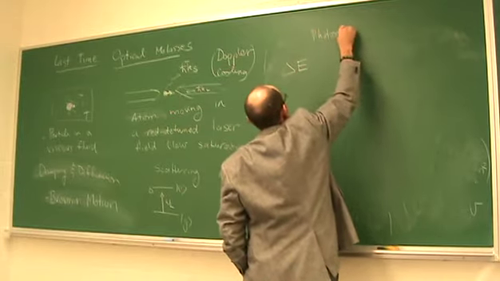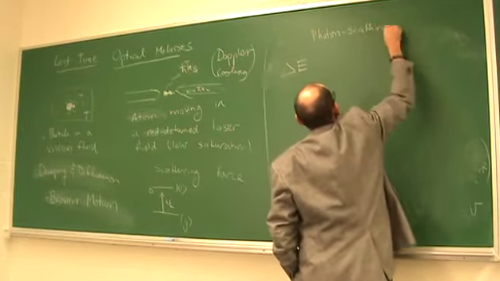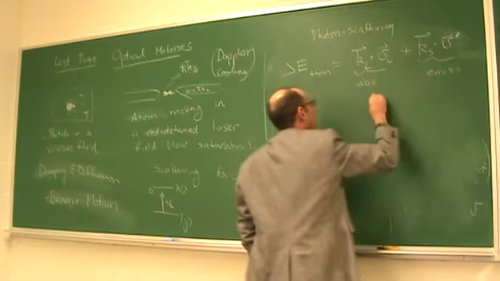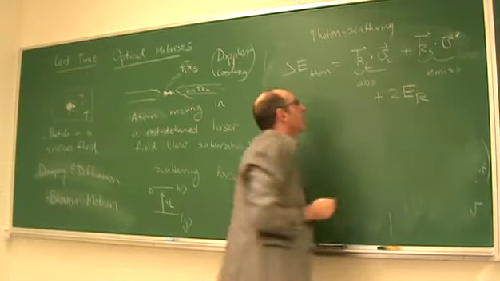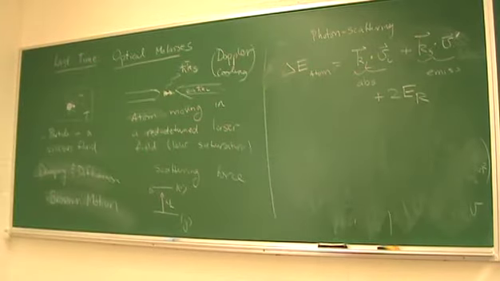If the atom scatters a photon, the change in the energy of the atom is related to the Doppler shift, vis-a-vis the initial velocity of the atom. There is another Doppler shift that's associated with the emission. So this is the Doppler shift in absorption. This is the Doppler shift in emission. And then we showed that there, in addition, there is always twice the recoil.